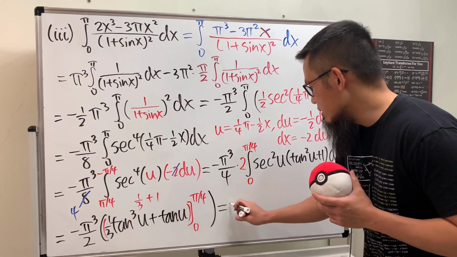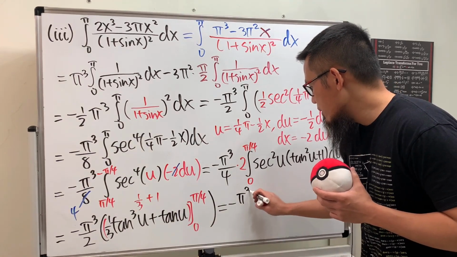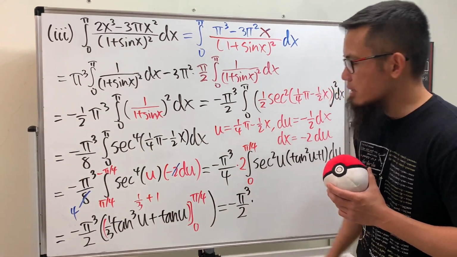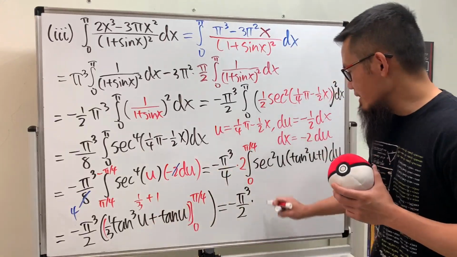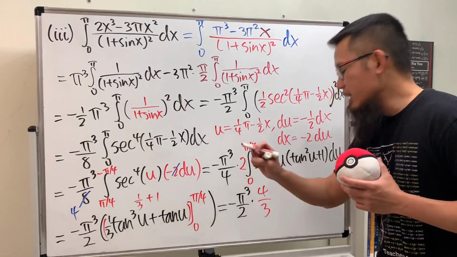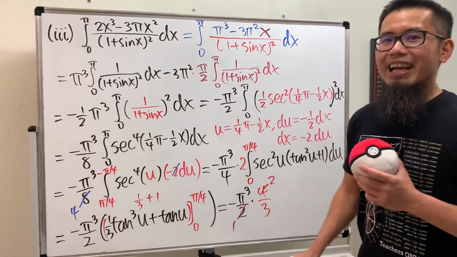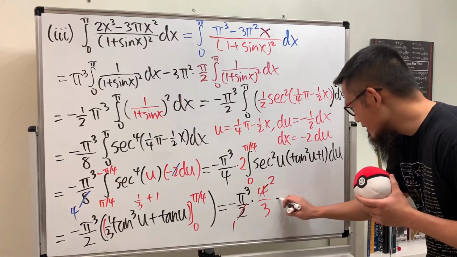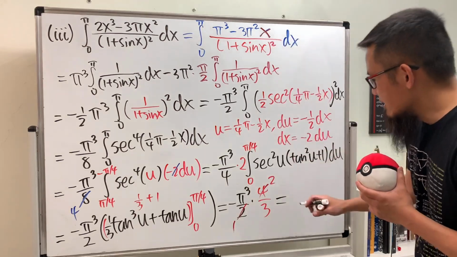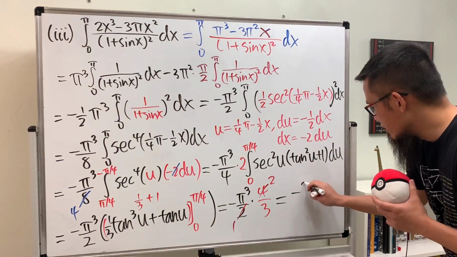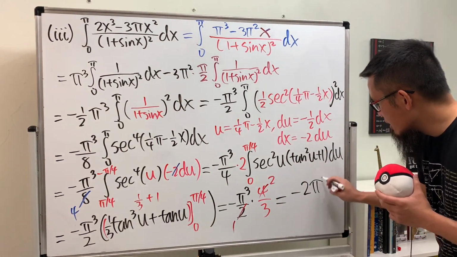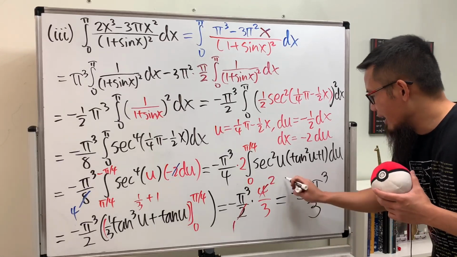This right here is negative pi to the third power over 2 times, ladies and gentlemen, that is equal to 4 over 3. And ladies and gentlemen, this guy and that guy can reduce. And oh my goodness, the final answer for that is equal to negative 2 pi to the third power over 3.